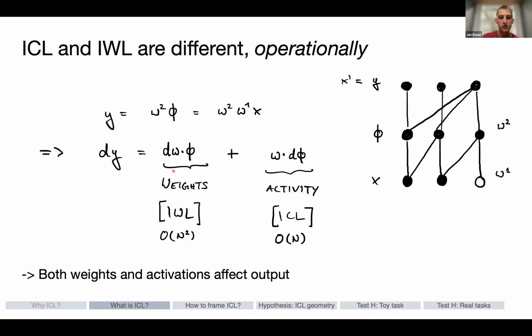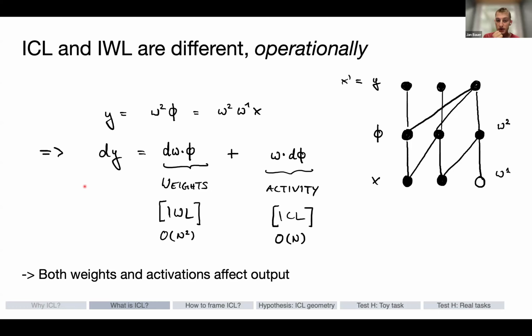One is controlled by a change in the weights, and the other is controlled by the change in activity. Now, change in the weights is what we already know from in-weight learning. You change your synaptic connectivity, and this will induce a change in your output. Change in activity is where in-context learning comes in, because if I supply something different in context here in these input sites, this potentially will change my hidden layer activations and gate entirely different subnetworks of my big architecture, which will then also induce a different output. So this is how both terms can induce an output change.